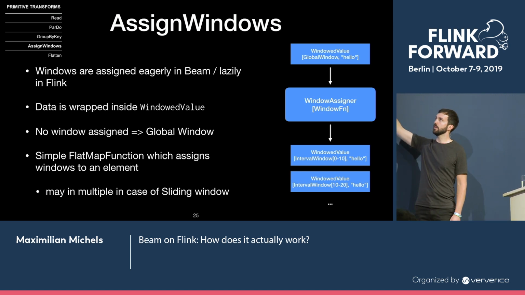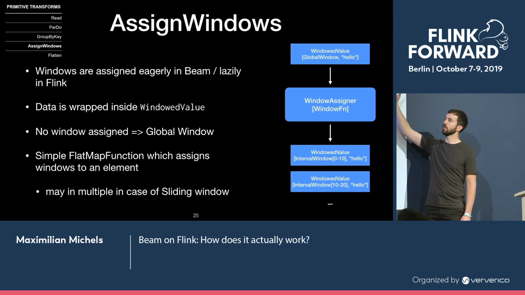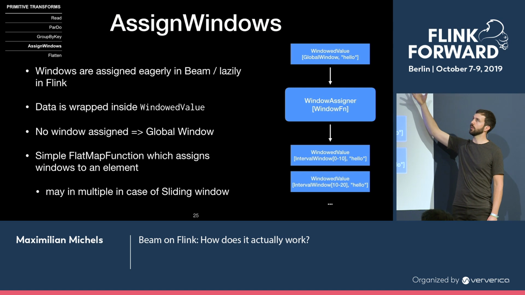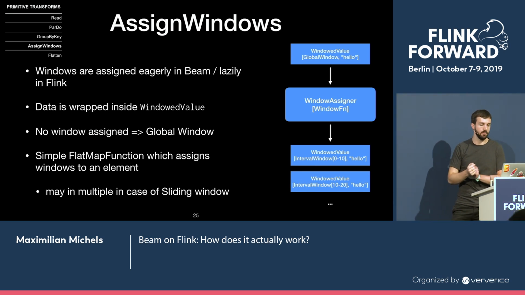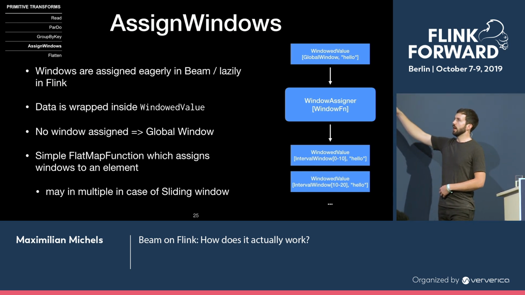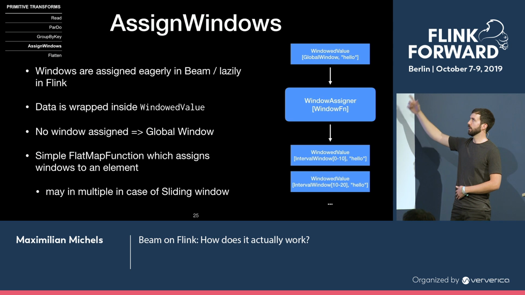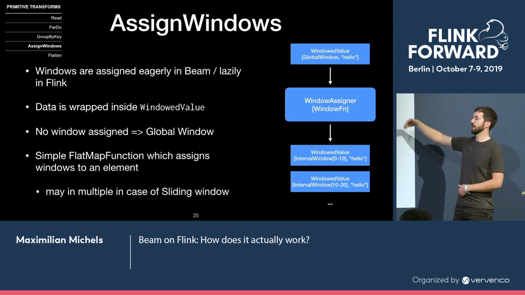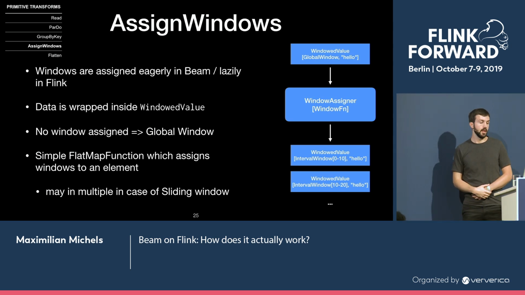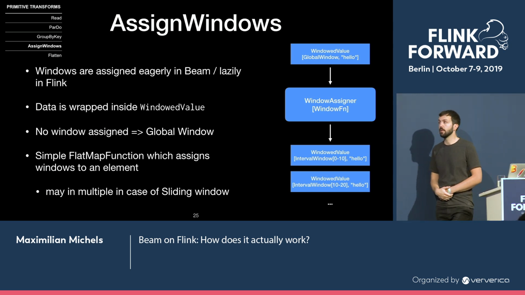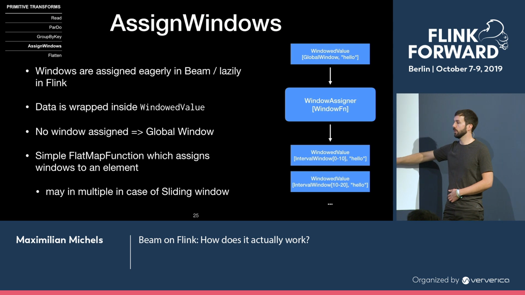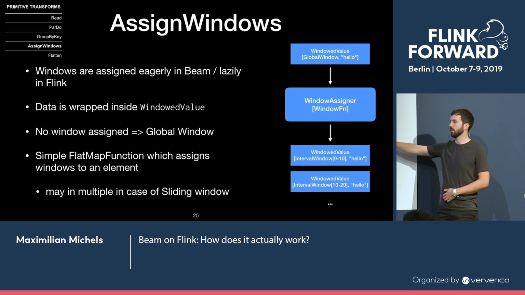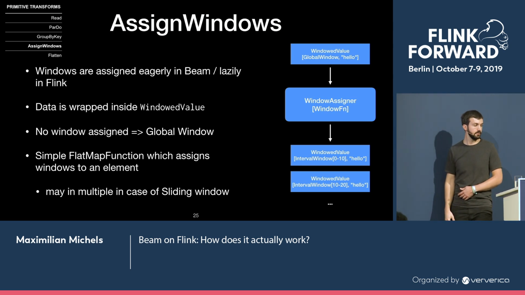So when we translate the assign windows transform, we just call the window assigner that is contained in this transform, and we take the input element and emit a bunch of windows. If we have a tumbling window, it will usually only be one element. But if we have, for example, sliding windows, we would emit multiple values for different time spans.